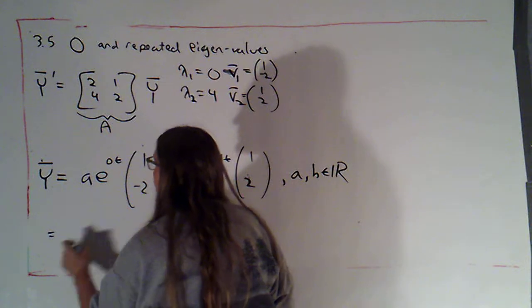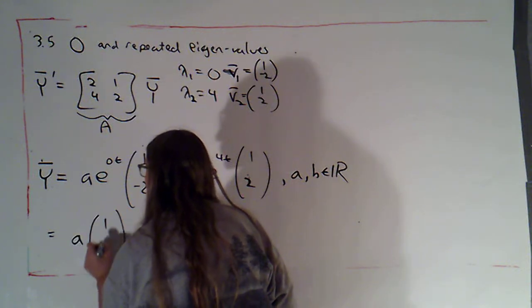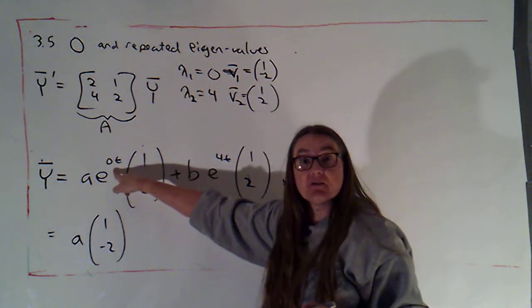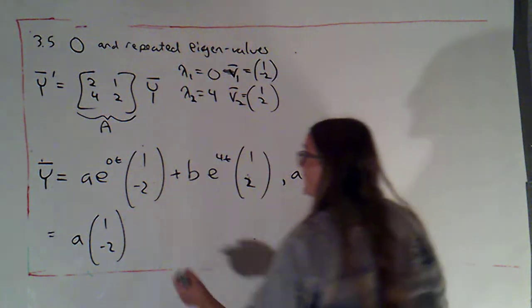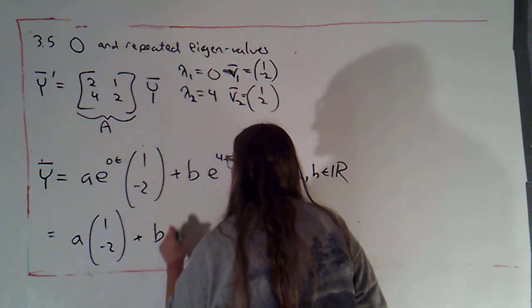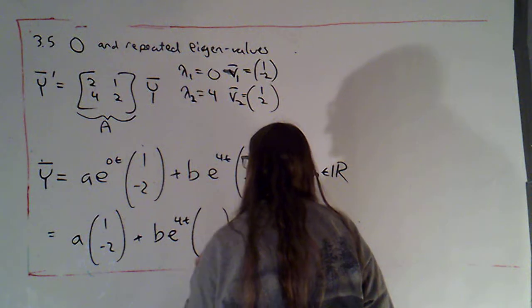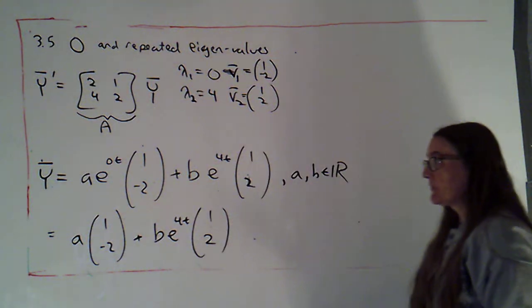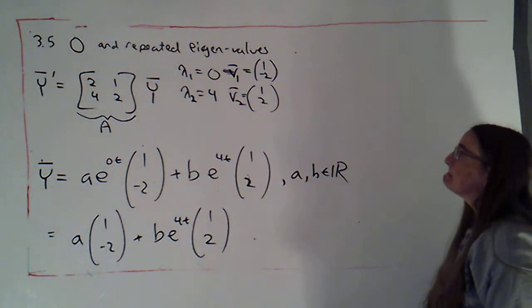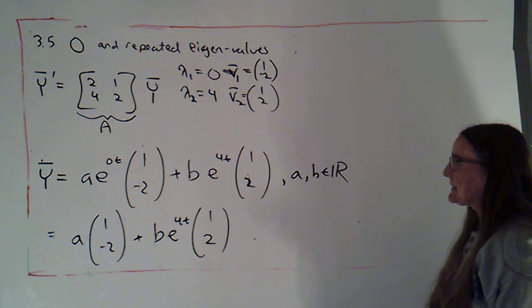So that's just a copies of (1, -2), because e to the 0 is always going to be 1, plus b copies of e to the 4t times (1, 2). All right, excellent.